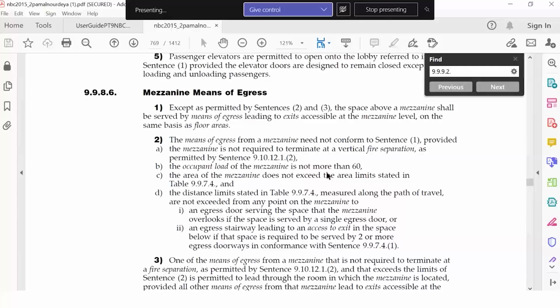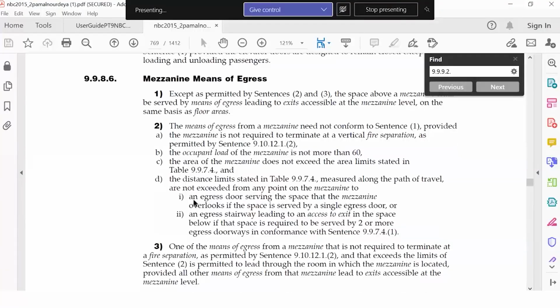If the occupant load of the mezzanine is less than 60, the mezzanine is not required to terminate at a vertical fire separation, the area of the mezzanine does not exceed the area limit in Table 9974, and the distances stated in 9974 are met from any point of the mezzanine to an egress door on an egress stairway leading to an access to exits in the space below, if that space is served with 2 or more egress doorways. So mezzanines are pretty straightforward, similar to other floor areas.